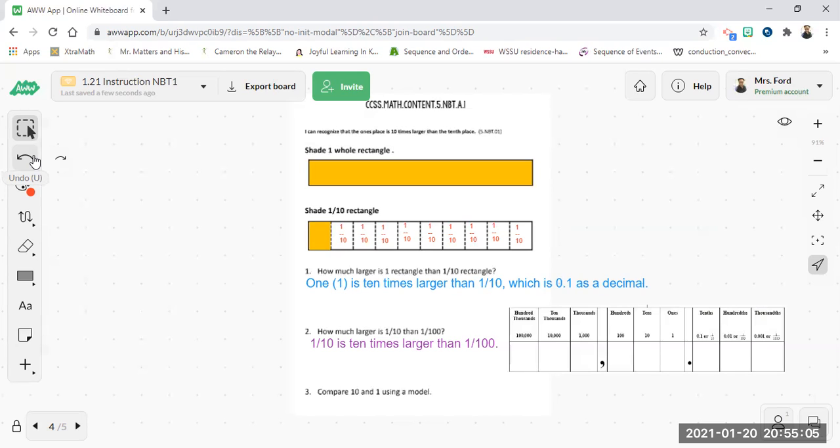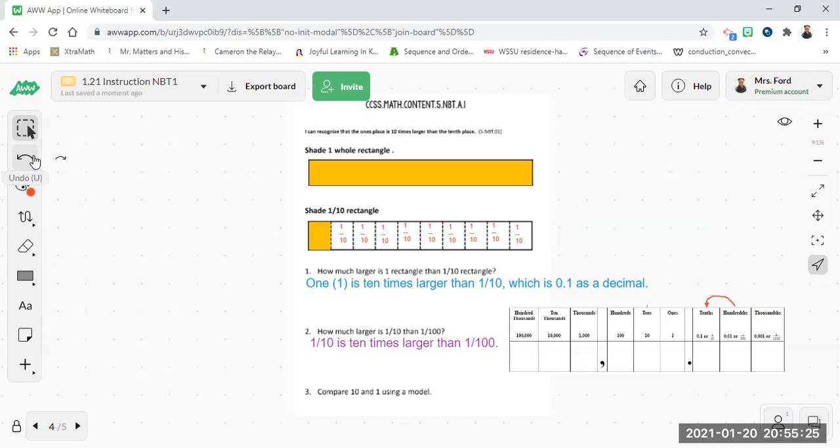Think about our flats and rods and our units. Our rods are our tenths, and our units are our hundredths. Our tenths, our rods, are bigger. They are 10 times larger than those small units.